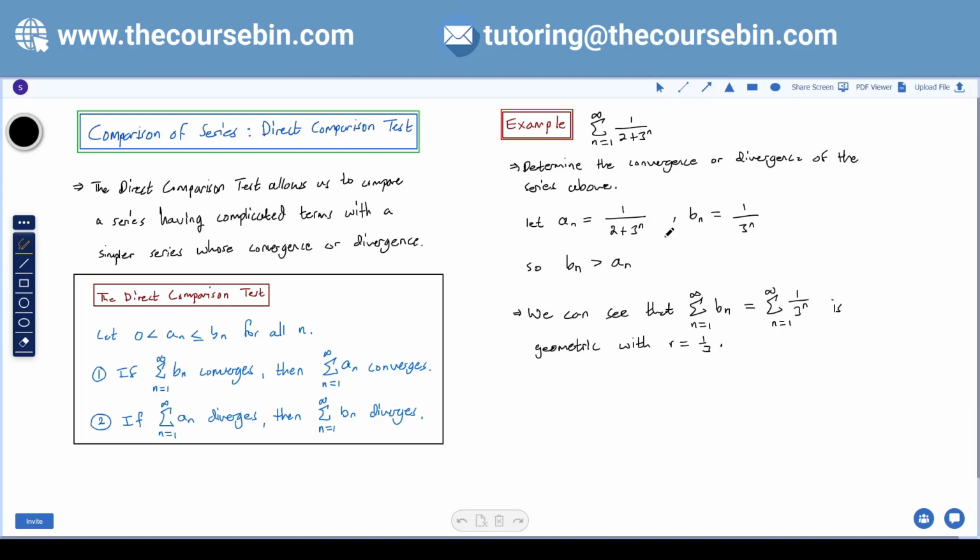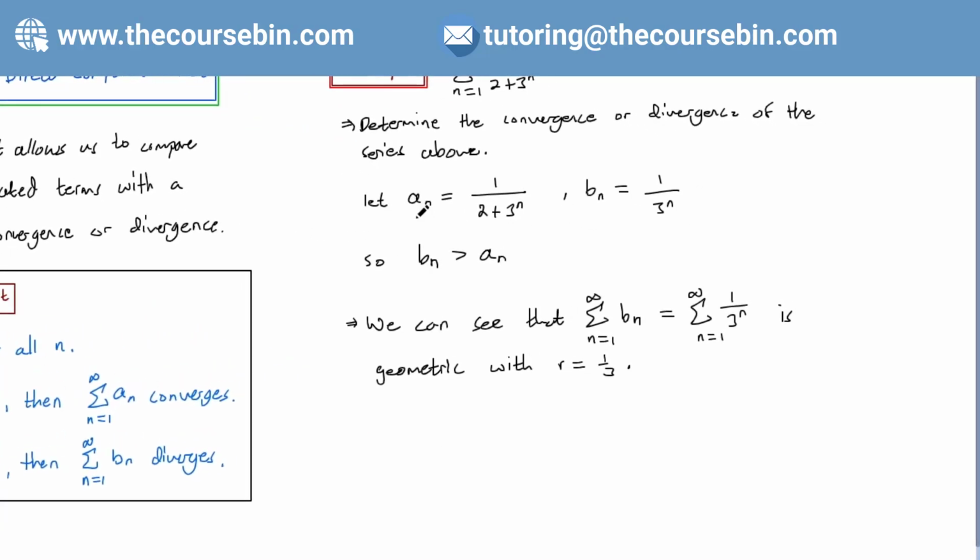Let me go back and do this again. We have our original series, and the goal is to determine the convergence or divergence of the series. We said, let's represent the term in here as a sub n, 1 over 2 plus 3 to the power of n.